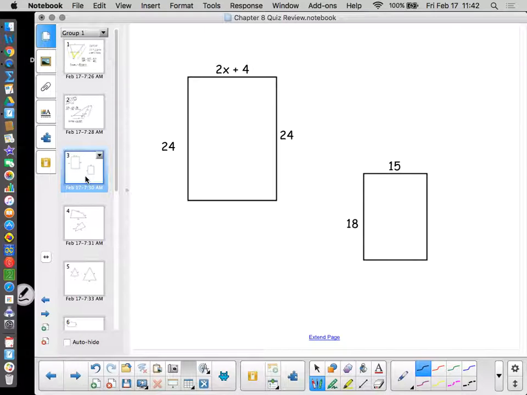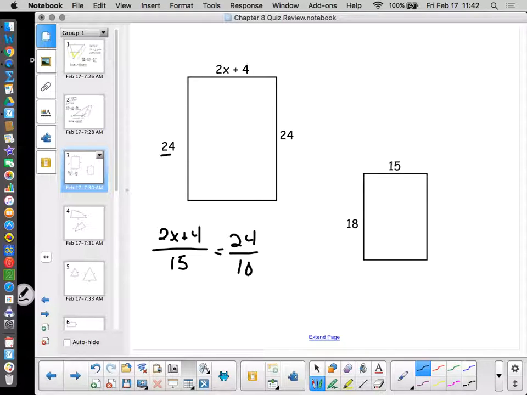So corresponding sides. 2x plus 4 is what I need to solve for. What is the corresponding side for that? The 15 equals, and that's another ratio of corresponding parts. The 24 goes with the 18, right?